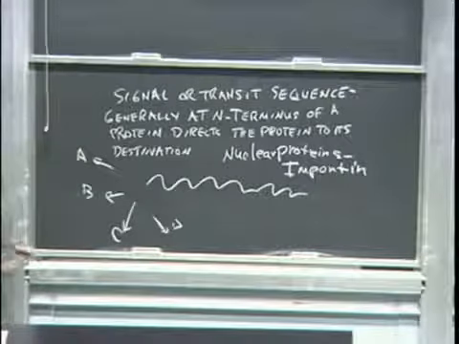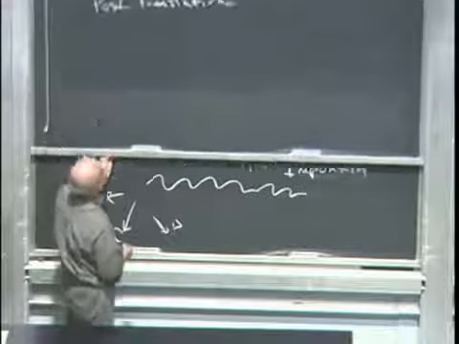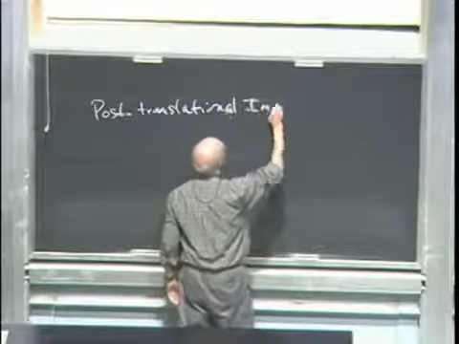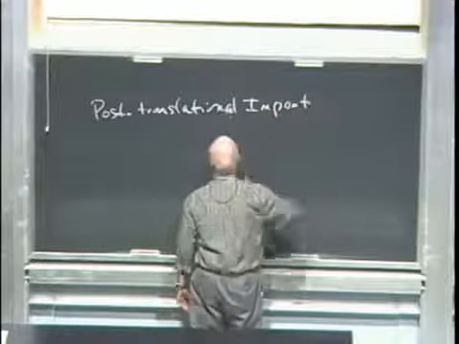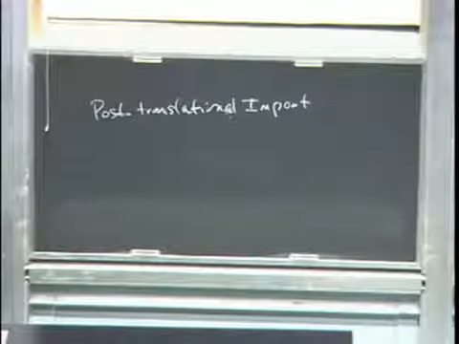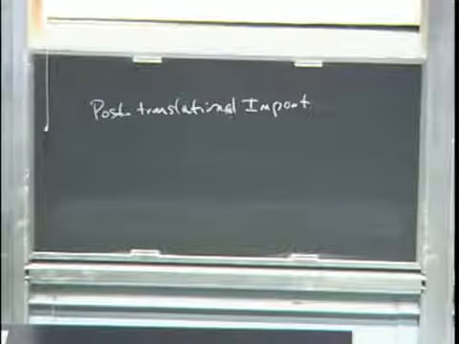Okay, that is post-translational import. It's post-translational because everything I talked about is occurring after the protein is fully synthesized, released into the cytosol, and then all these things happen.